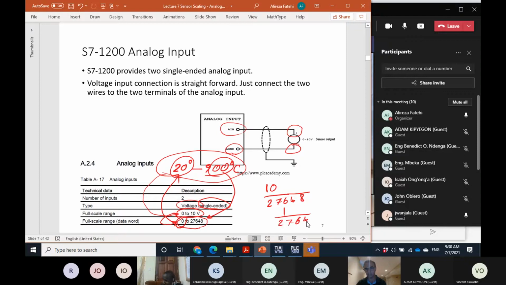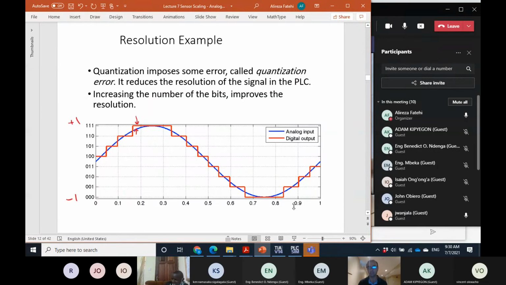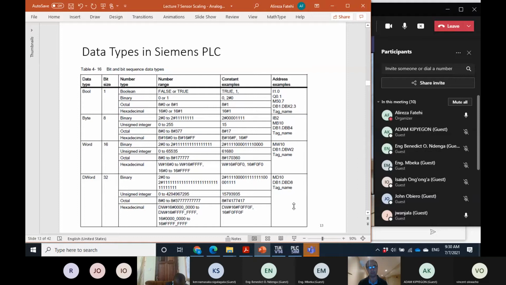So it is a sufficiently accurate reading of the analog signal, sufficient for nearly most applications. Maybe in less than 1% of the applications in the industry we may need more accuracy. It's just some special applications.